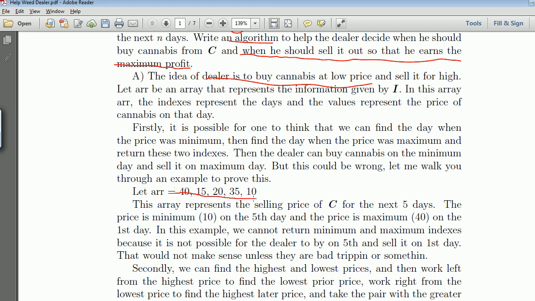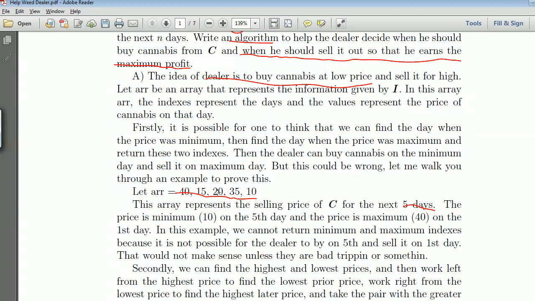Let's consider this example. This array represents the selling price of cannabis for the next 5 days.